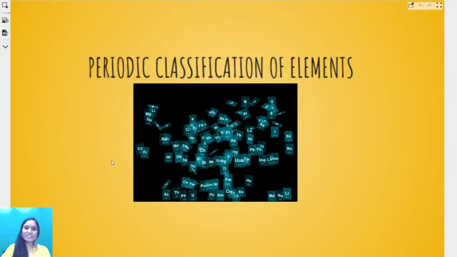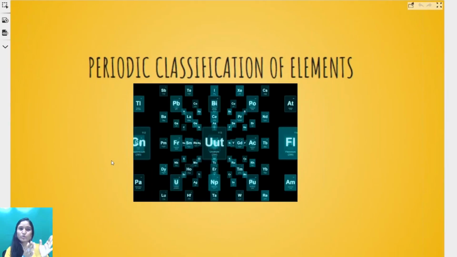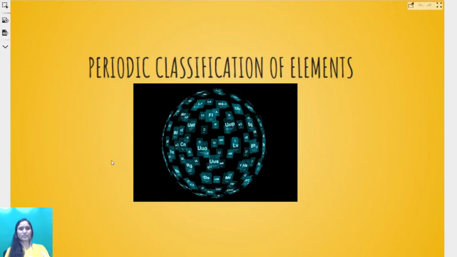Okay. So periodic classification of elements. It means that we are classifying elements according to their regular behavior. I'm not classifying them randomly as I want, right? We are classifying them based on their regular behavior. Let it be physical, chemical, that is secondary.